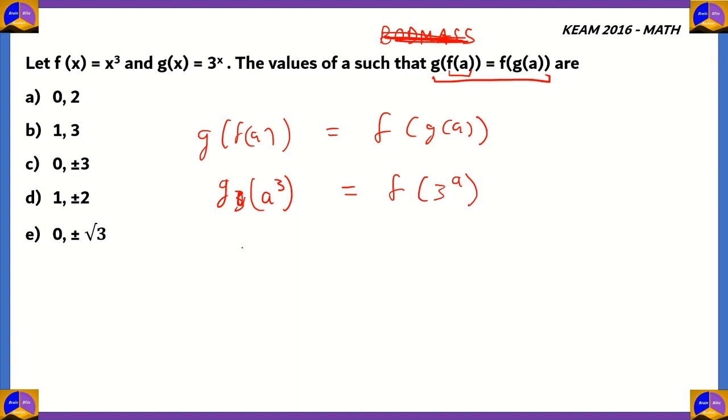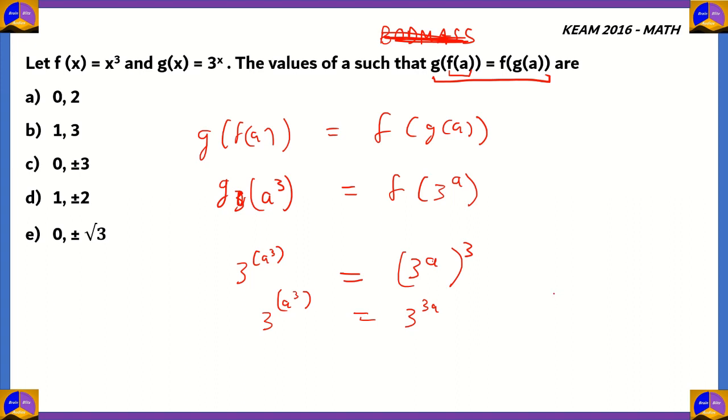Now g of x is 3 raised to x, so that means 3 raised to a cubed equals 3a the whole cube. Now 3a the whole cube can be written as 3 raised to 3a, and the left hand side will be 3 raised to a cube.